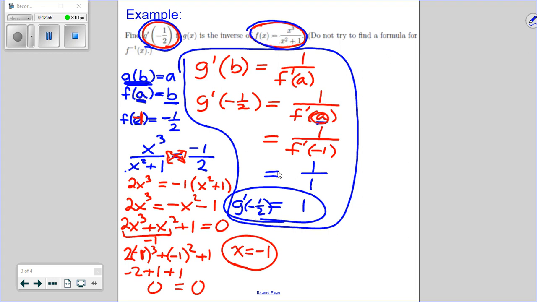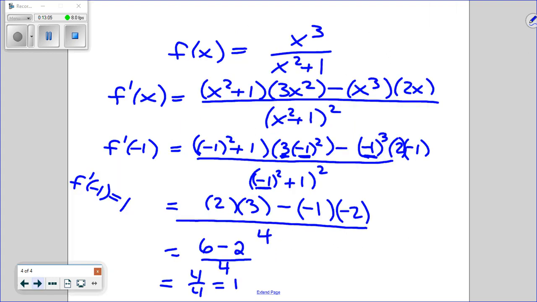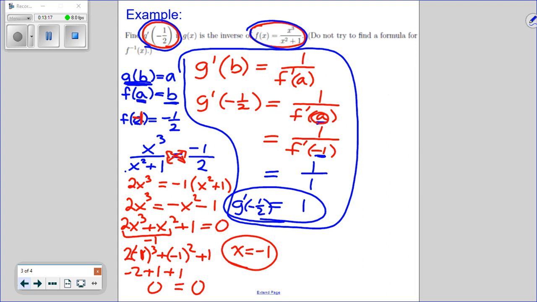And so then our rule became 1 over f prime of -1. And then we just had to find f prime of -1, which I did on the next slide. So we found our derivative using quotient rule, and then we plugged in -1 and simplified, and we got 1. And then we came back and we replaced f prime of -1 with 1, and then 1 divided by 1 equals 1.